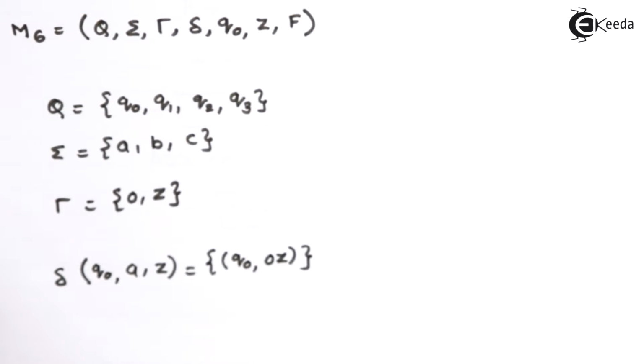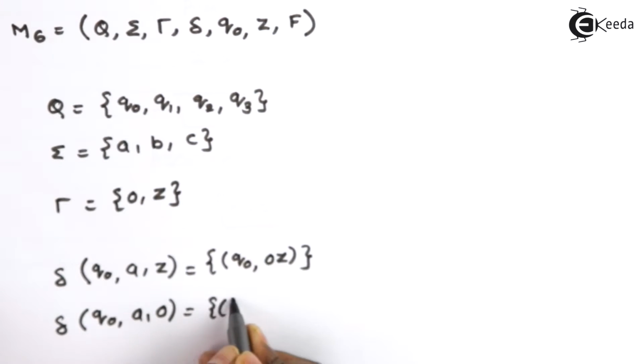Similarly, other transitions: delta of Q0 with A and 0 will be to Q0 only, but instead of a single 0, we will be pushing one more 0, so it will be 0 0.